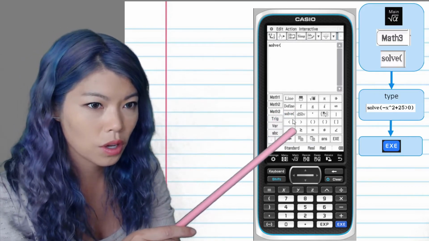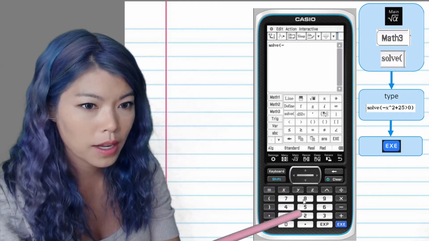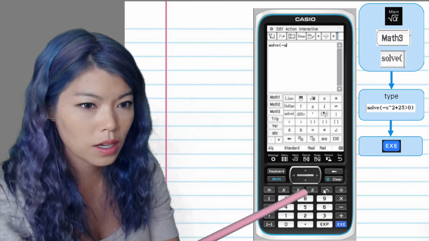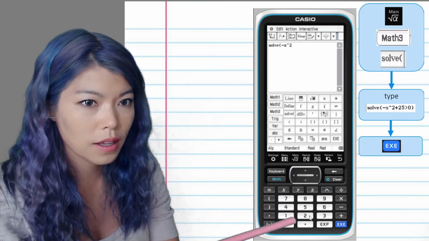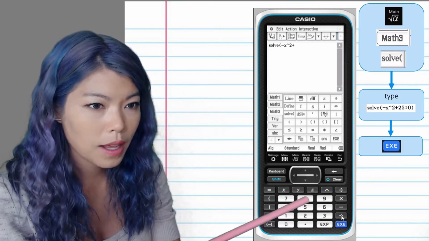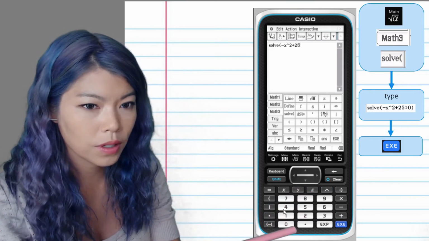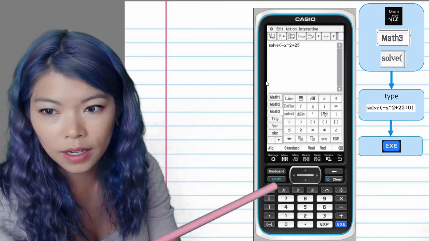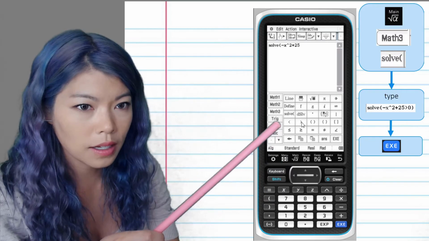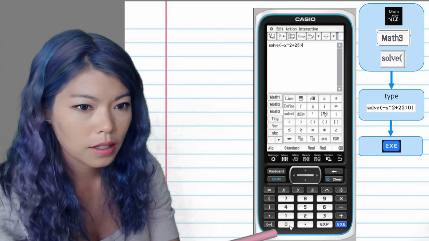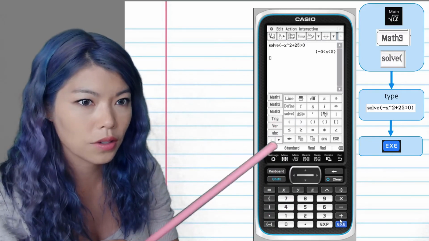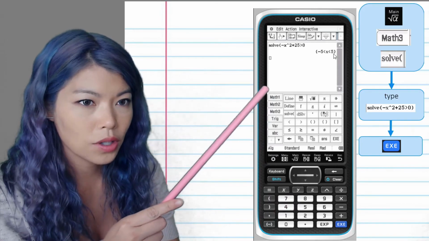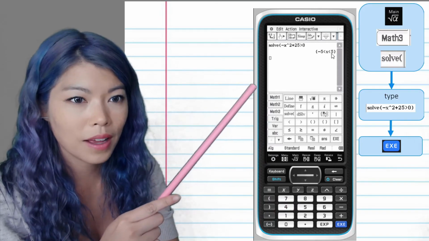So let's do the one we did before: minus x squared, use that little hat thing for squared, plus 25 is greater than 0. My greater sign is in here, and 0, and then hit execute, and that gives us the solution between -5 and 5.